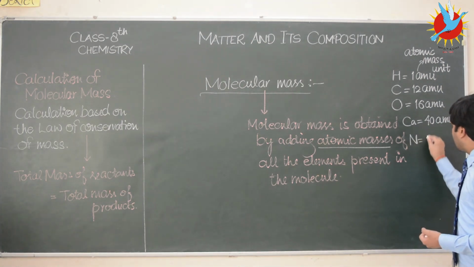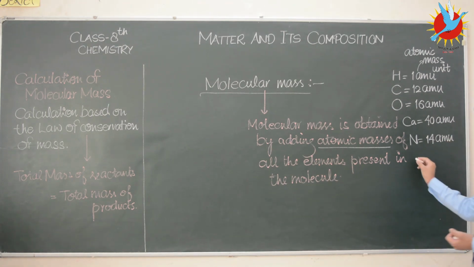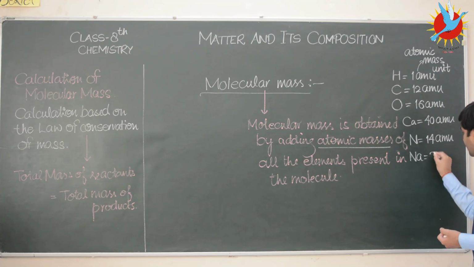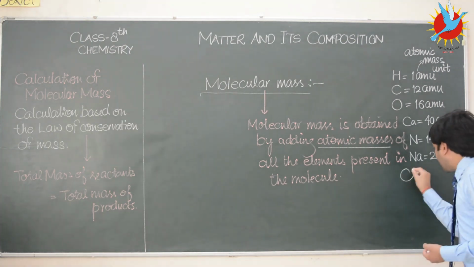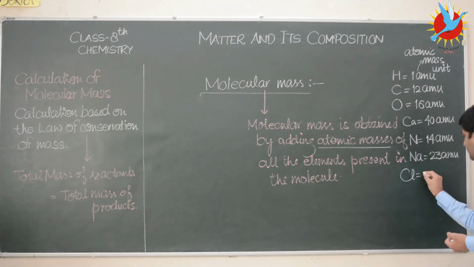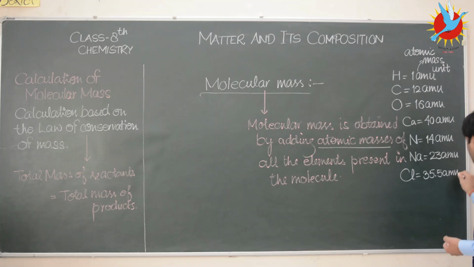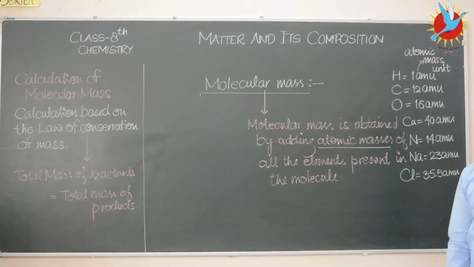Nitrogen has the atomic mass 14 AMU. Sodium has the atomic mass equal to 23 AMU, chlorine has the atomic mass equal to 35.5 AMU, and we have lots of other elements.